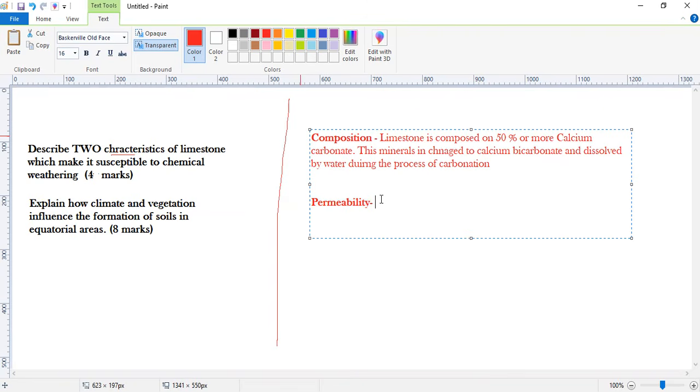Now, why is this important? Let's write. Limestone rocks have joints and bedding planes which allow water to pass through. So in a sense, it's as if you have defined permeability if you say that.